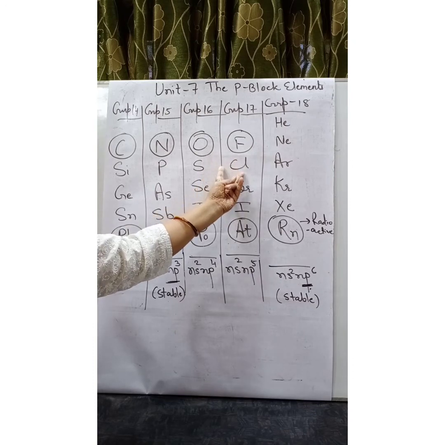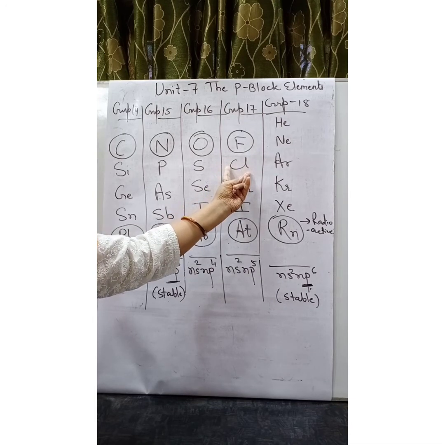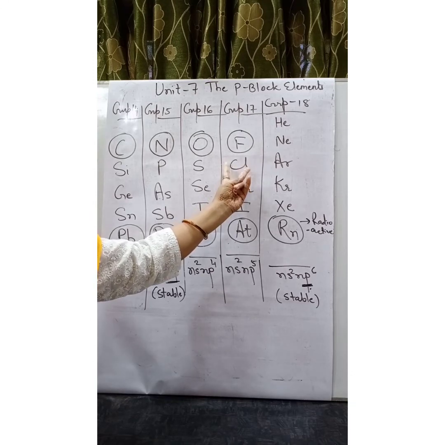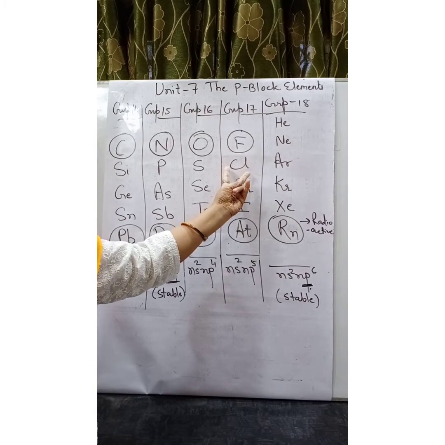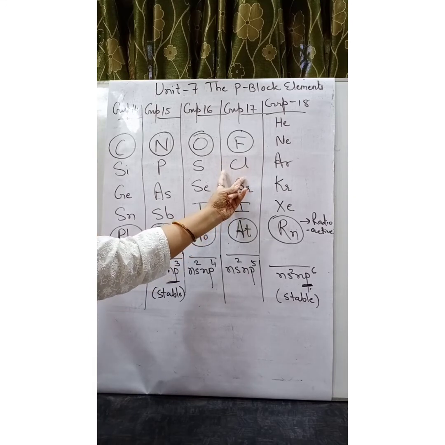And why is it like this? The reason for this is that it readily wants one electron, right? The number of electrons required by these elements to reach stability is only one. The nucleus exerts a very strong force of attraction, and there is maximum contraction here.